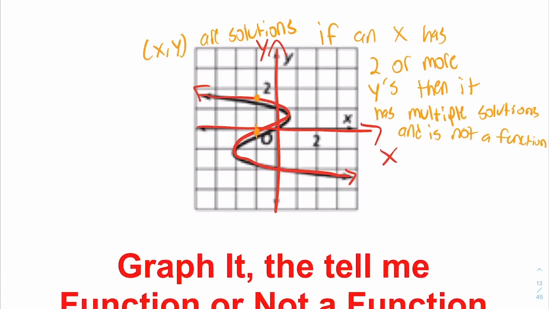Every ordered pair is a solution, but to be a function, you can only have one solution for each x value. If one of the x's has 2 or more y's paired with it, this one has 3 different. That particular x has 3 different y's associated with it, so it's not a function.